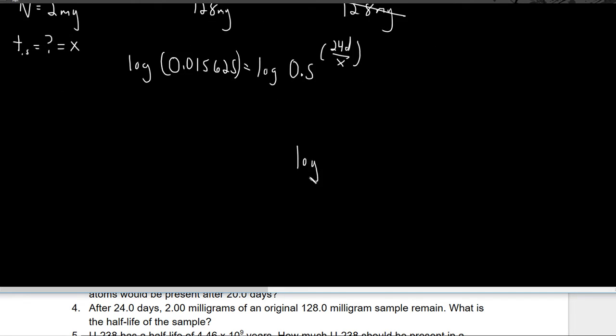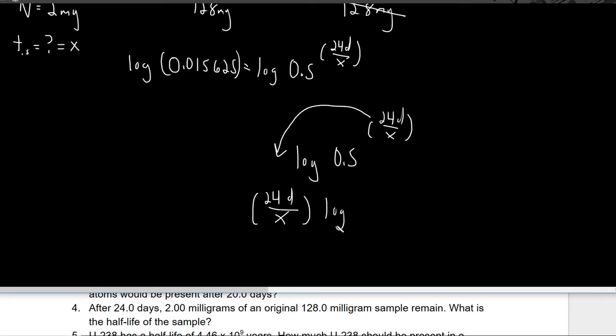So if I have the log of 0.5 raised to the 24 days over x exponent, I'm going to have parentheses 24 days over x times the log of 0.5, and this is still equal to the log of 0.015625, okay?